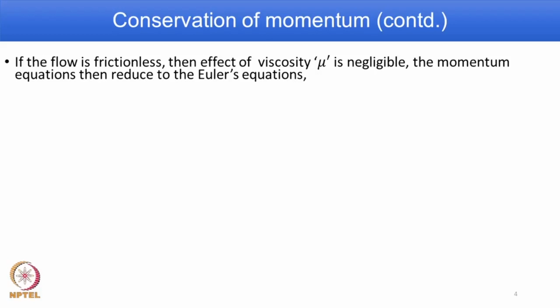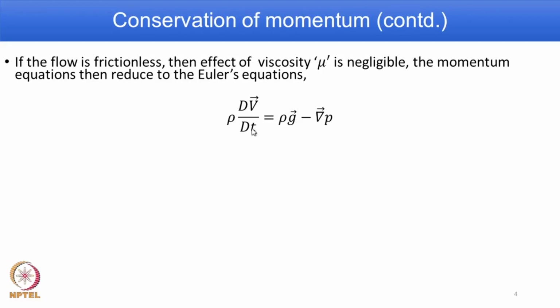For example, if you say the flow is frictionless, then effect of viscosity mu term is negligible. So, in the Navier-Stokes equation, mu term appearing as a viscous stress term on the right hand side. So, that term is removed and you get resultant equation as Euler equation.